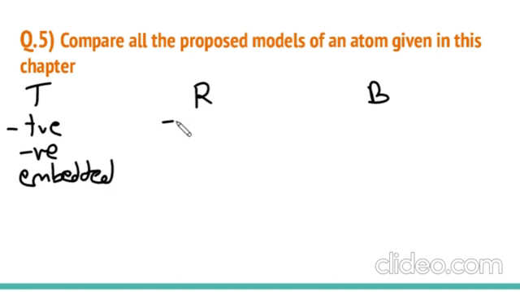In Rutherford's model, he said that they revolve in their orbits, but again radiation of energy was there. He also explained that all the positive charges are in the nucleus, and the negative charges, the electrons, are revolving.